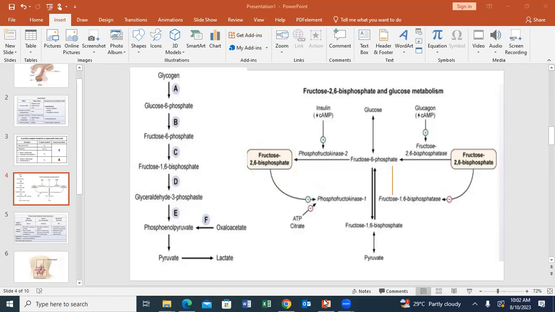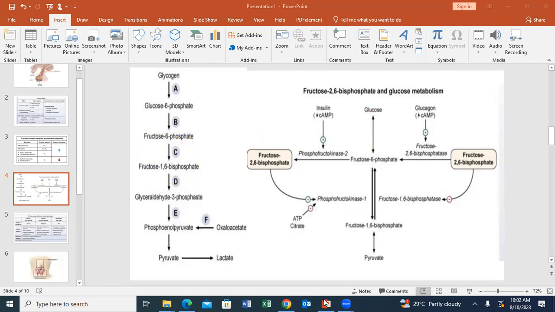You must be producing 1,6 bisphosphate, but my quantities are increasing. If my quantities are increasing, this means that you have plenty of substrate. So for God's sake, go on, convert it into fructose 1,6 bisphosphate. This motivates the breakdown of glucose. So this was a high yield point, that this step is being regulated by insulin and glucagon, and you never know what kind of MCQ you get.